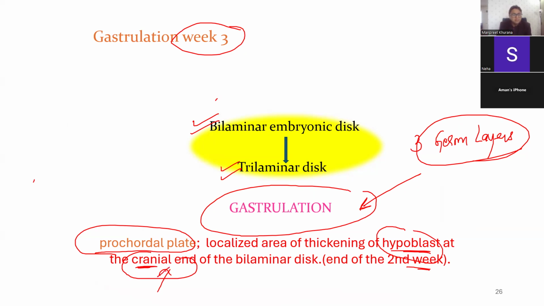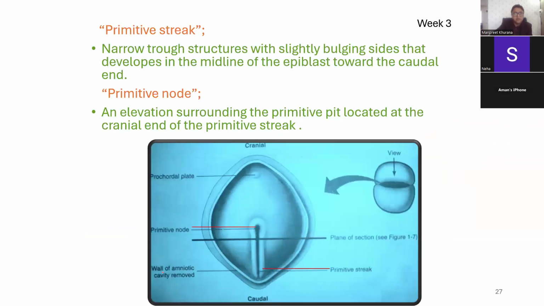Where the neural tube forms and the brain forms, that is known as the cranial end. If you see in this picture, I think we have seen this picture many times in our books, like in BD Chaurasia, if you remember. So this is the cranial end and this is the caudal end. Now what is happening? Near the cranial end, there is a formation of the procordal plate.